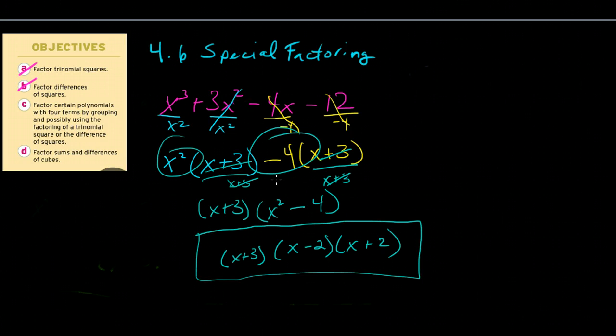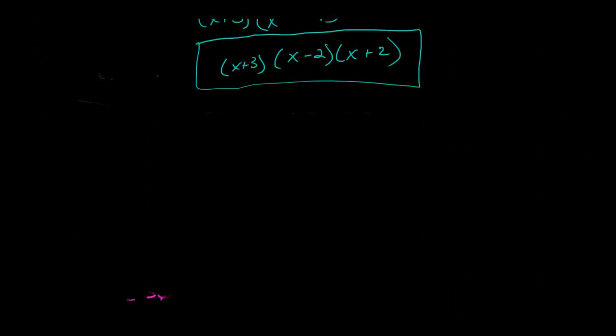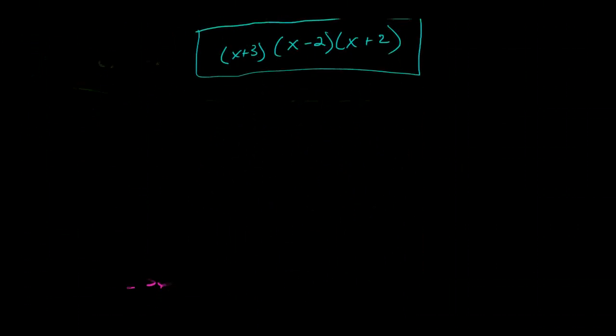Now the sums and differences of cube numbers don't actually take that much to do. This is the general form. If I have a cubed plus b cubed, or if I have a cubed minus b cubed, we use the SOAP method.